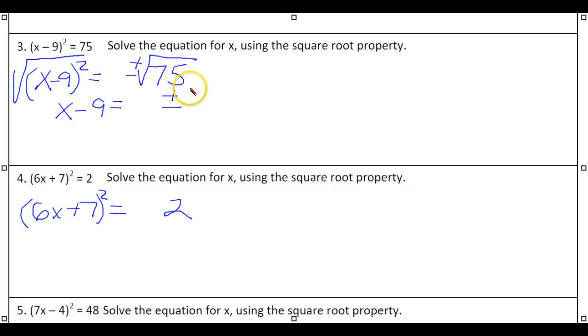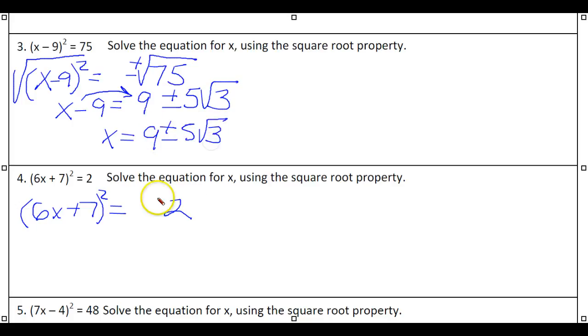Square root of 25 is 5, the square root of 3. And now we just transpose the negative 9. On this side it becomes a positive 9. And we have then x equals 9 plus or minus 5, the square root of 3.